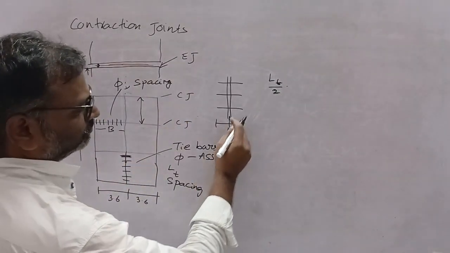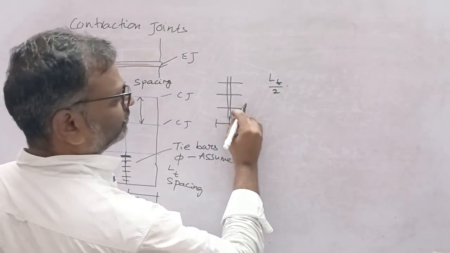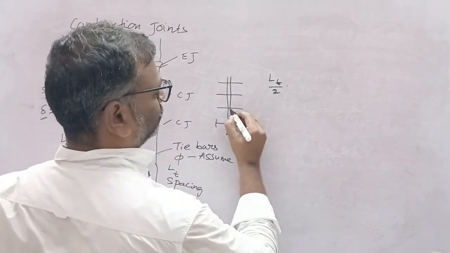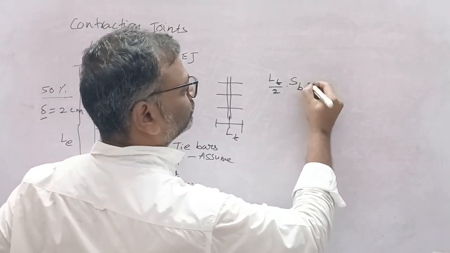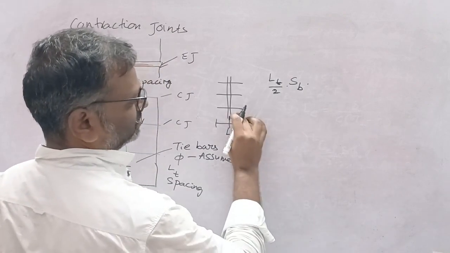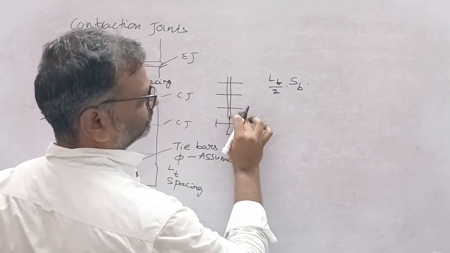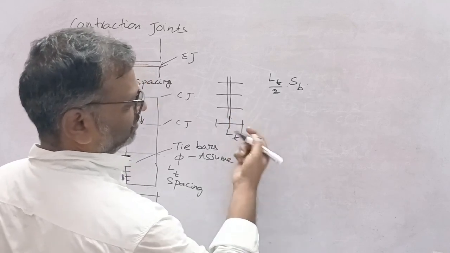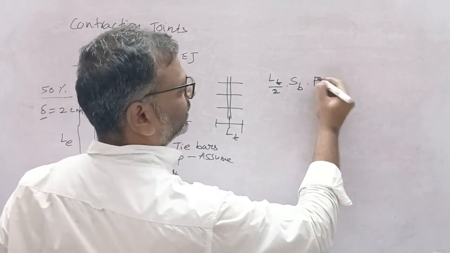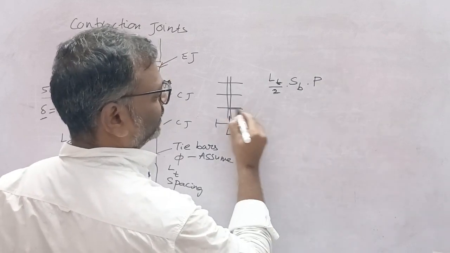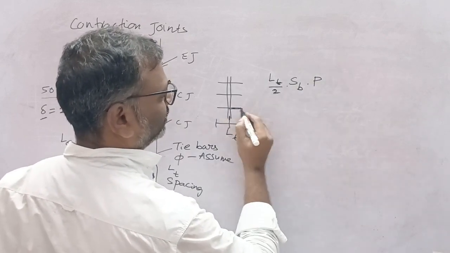Into, here bondage between steel and concrete is there. So that bond stress between steel and concrete, and the perimeter of the rod, perimeter and length will give you the surface area.